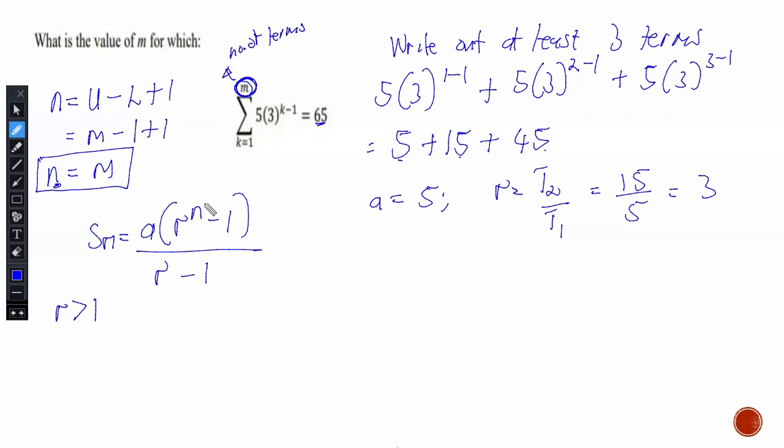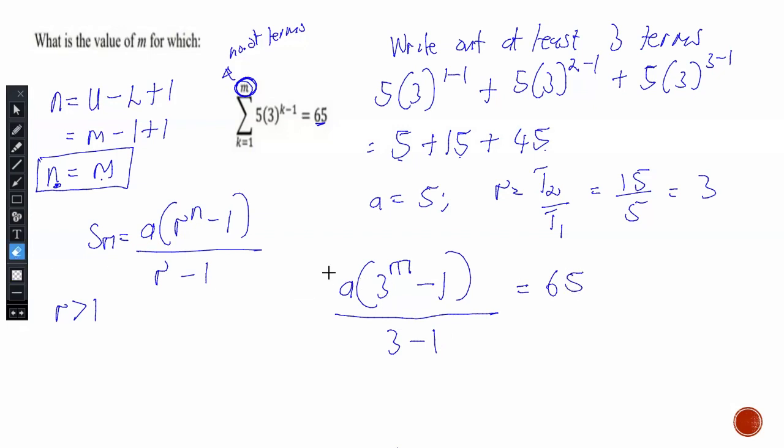So we say this is a convenient formula if our r is greater than 1. So, okay, I'm supposed to equate this to 65. So this is a, and then my r is 3 to the exponent of n, and since my n is equal to m, I can just replace it by m, and then minus 1 over 3 minus 1 is equal to 65.